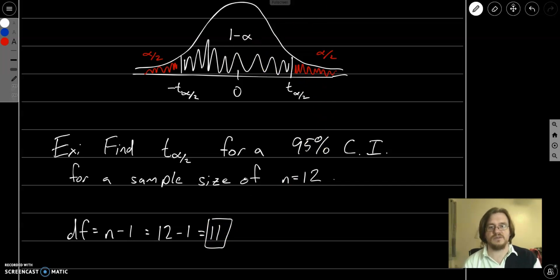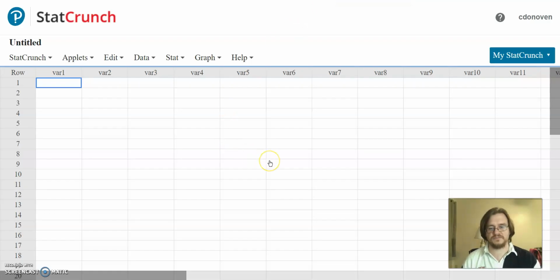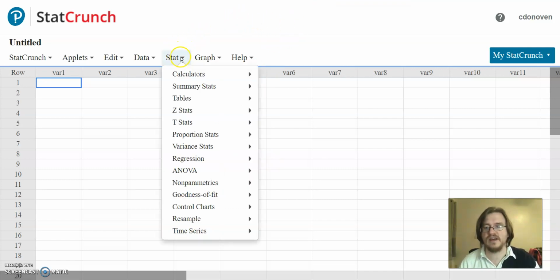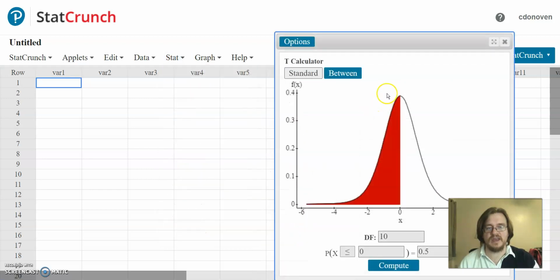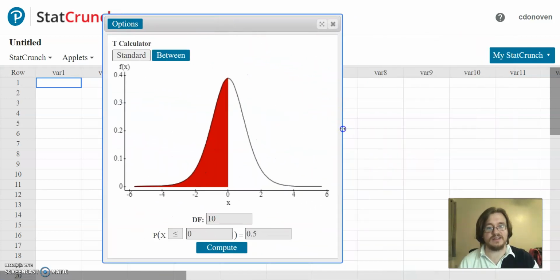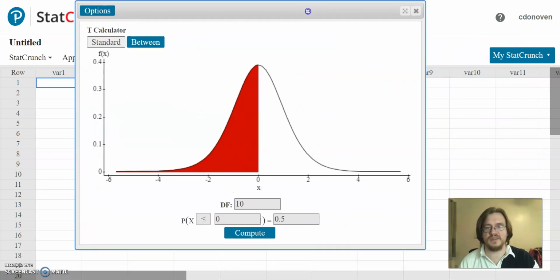And if I go to StatCrunch, we can pull up a t calculator rather than the normal calculator. So if we go to Stats, to Calculators, and rather than going to the normal distribution, we'll go to the t distribution. And when we pull it up, you'll notice that it looks a lot like a normal distribution.